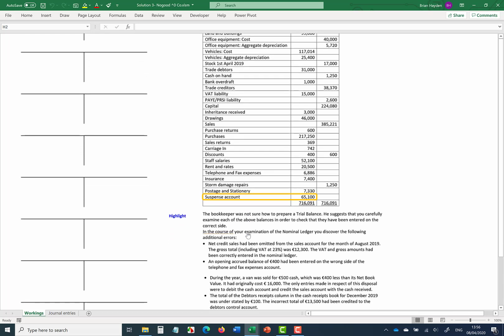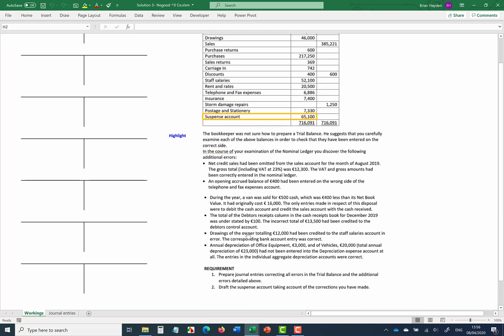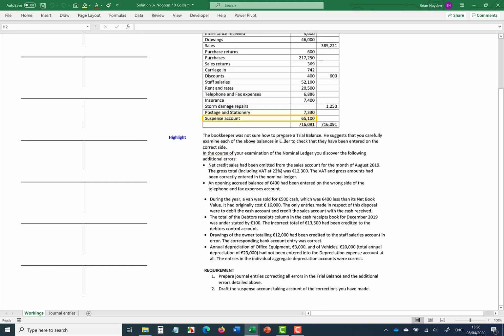So then underneath the trial balance, you're told the bookkeeper was not sure how to prepare a trial balance. Okay, so quite an inexperienced individual. And he suggests that you carefully examine each of the above balances in order to check that they've been entered on the correct side.